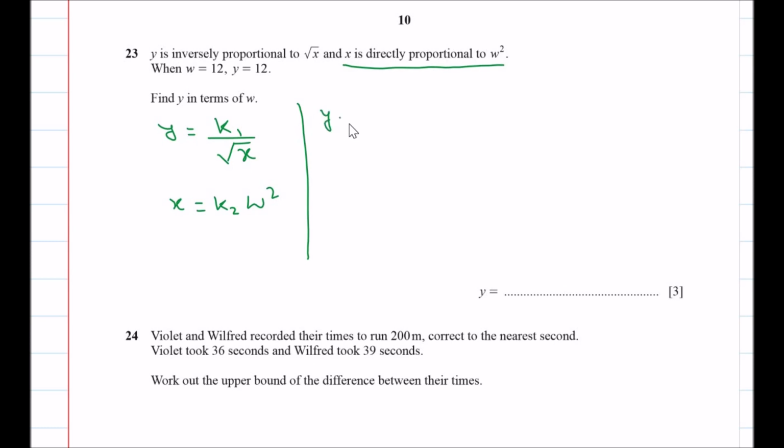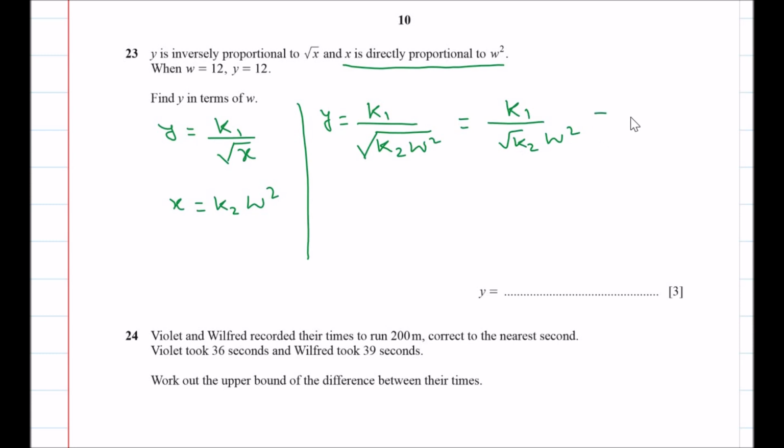So y equal to k1 divided by root x. Root x means root under k2 w square, right? So if you simplify this, this gives us k1 divided by root k2 and w square.